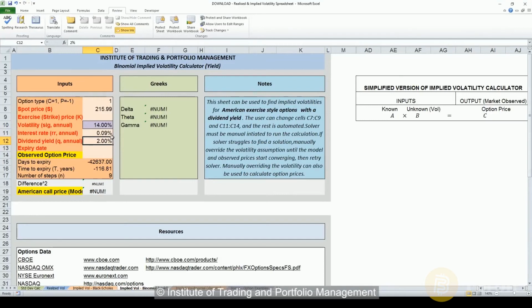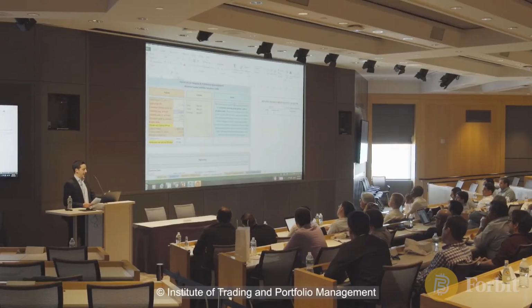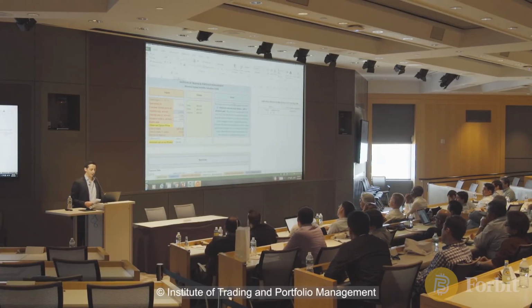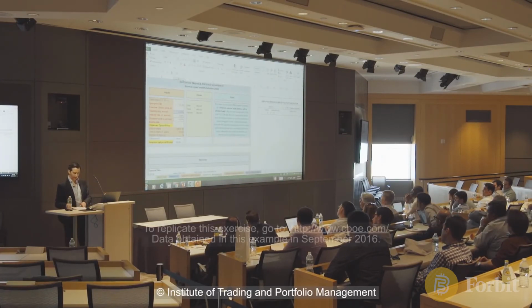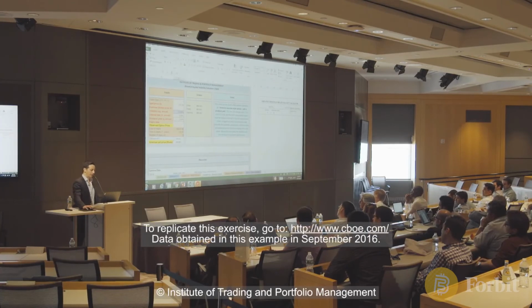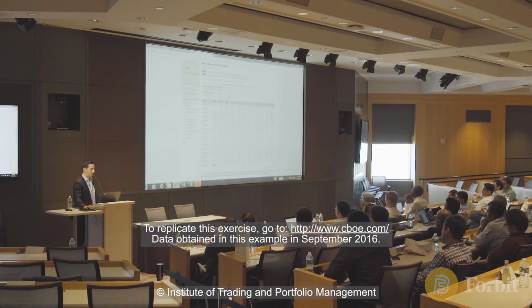So now basically we just need to find an option. That's all that's left, and when we find an option we'll have the exercise price, we'll have the expiry date of the option, and we'll have the observed option price in the market. So to find a relevant option, we go back to the exchange, which is the CBOE in this case.